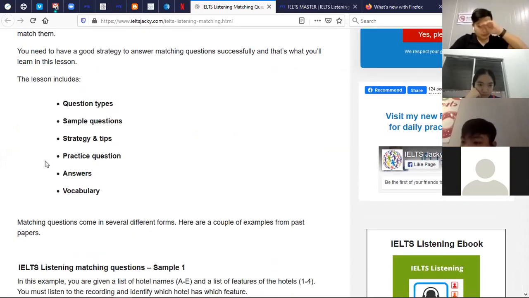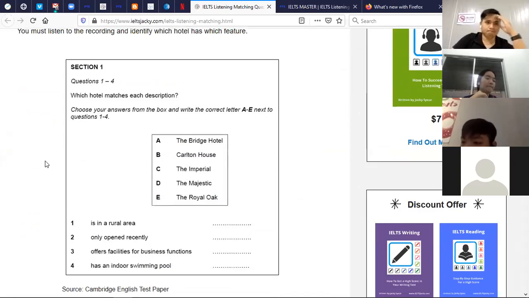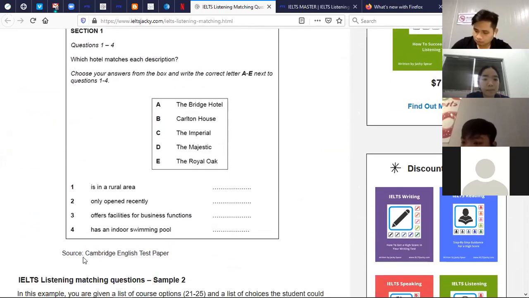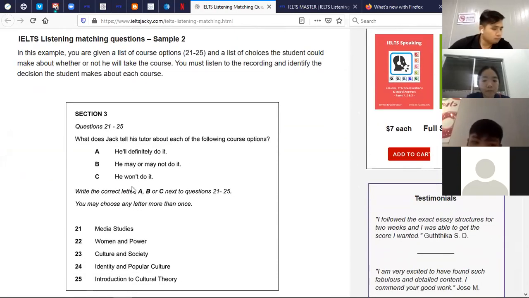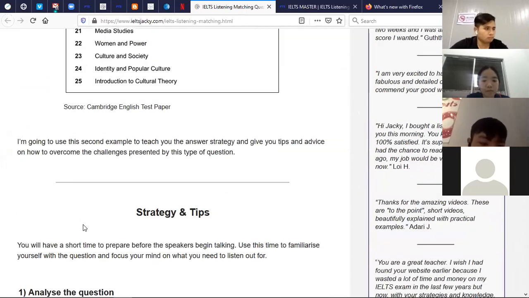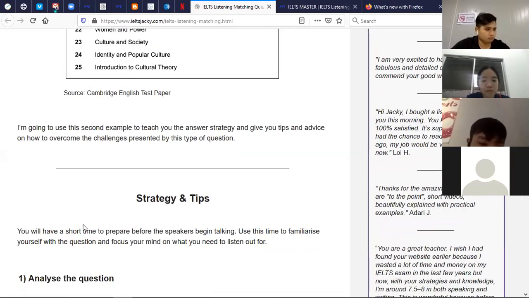So here's matching heading samples. Another sample. This one will be about places, names, and then we're going to match the location, where it is, or general information of the location. One more is like sentences and subjects or courses down here. So there are many kinds of matching information.